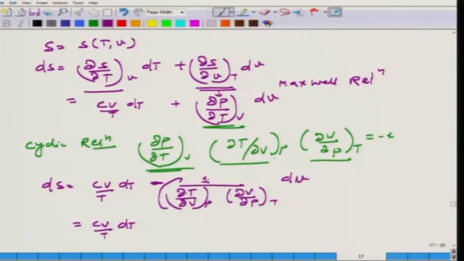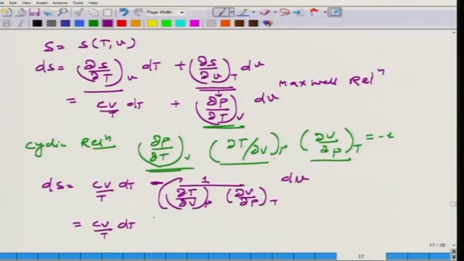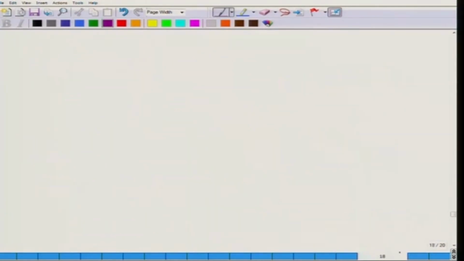If I take it in the numerator, I can represent this in terms of your beta/alpha. So this becomes nothing but we'll get plus (β/α) dV, or Cv/T dT plus beta. Thus you can get your S2 minus S1 as the integral from T1 to T2 of Cv/T dT.